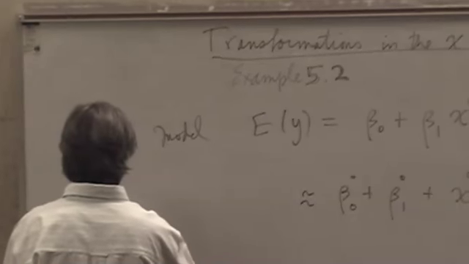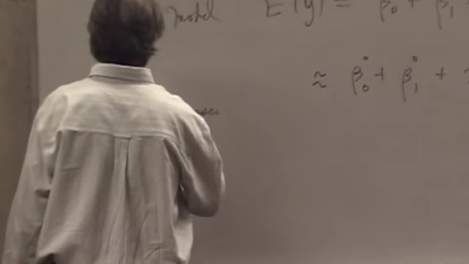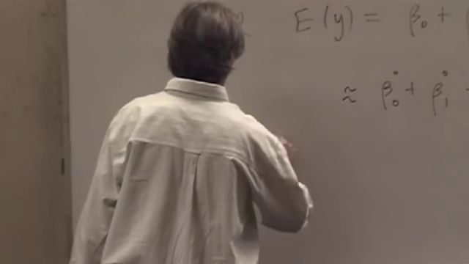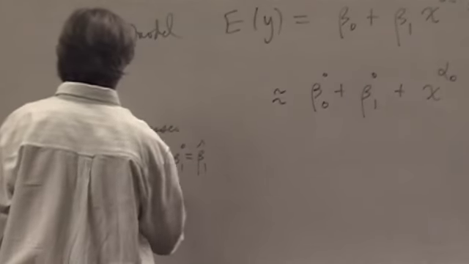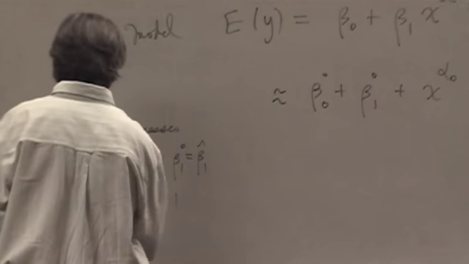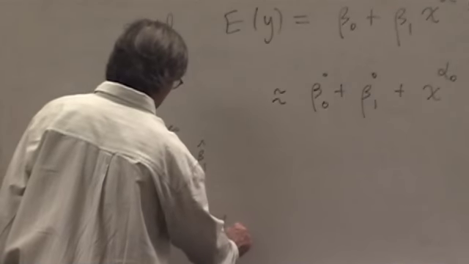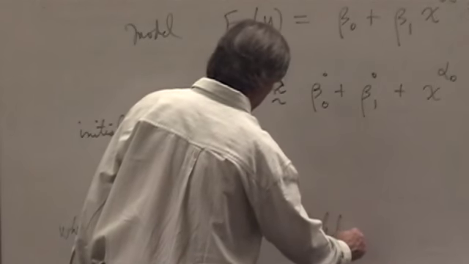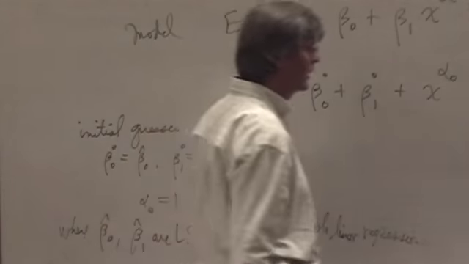So beta 0 super 0 equals beta 0 hat, beta 1 super 0 equals beta 1 hat, and alpha 0 is equal to 1, where beta 0 hat and beta 1 hat are the least squares estimates for simple linear regression. So that's what we're going to take as our initial guesses, and alpha 0 equal to 1.